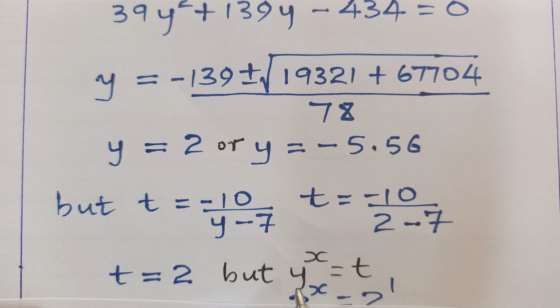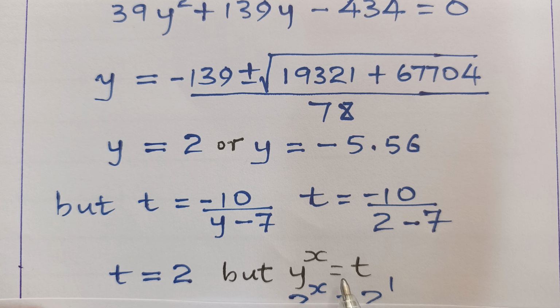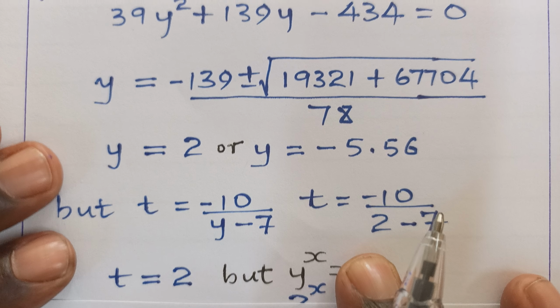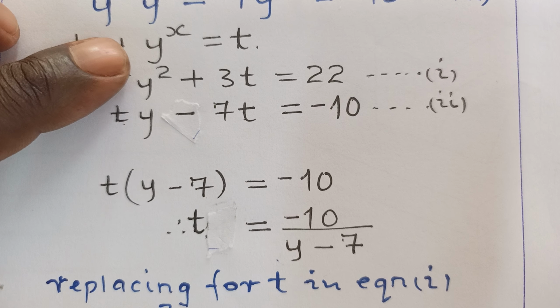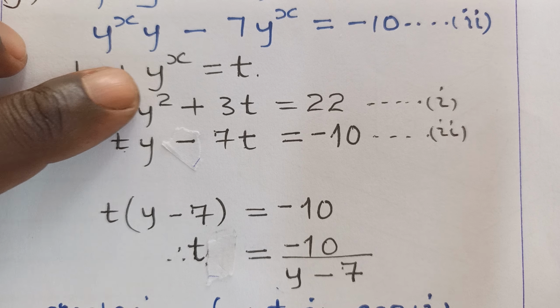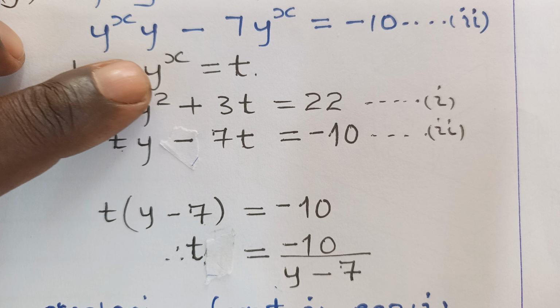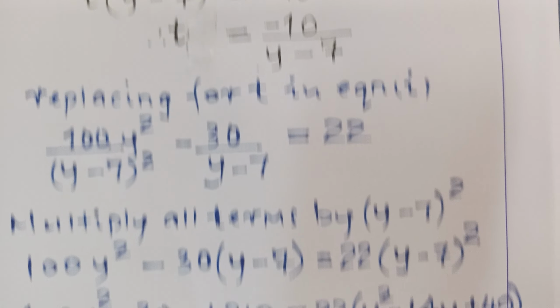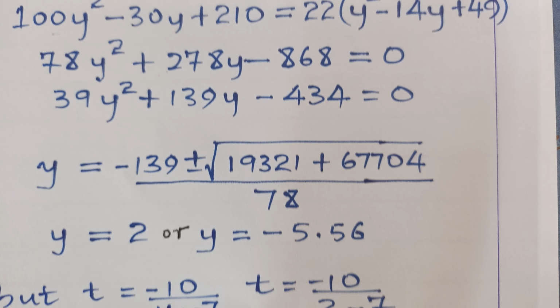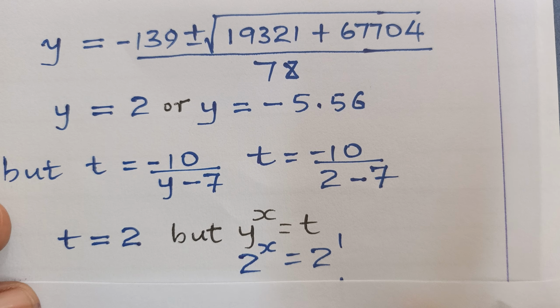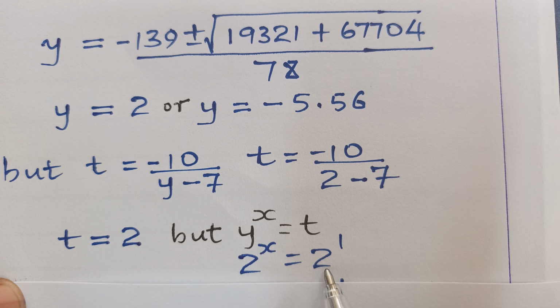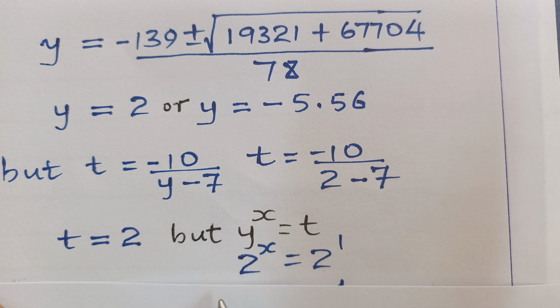But remember that y raised to x is equal to t, as we had said earlier. You can see, guys, right here we have let y raised to x be equal to t. And so when t equals 2, which is the same as 2 raised to 1, this equals y raised to x.